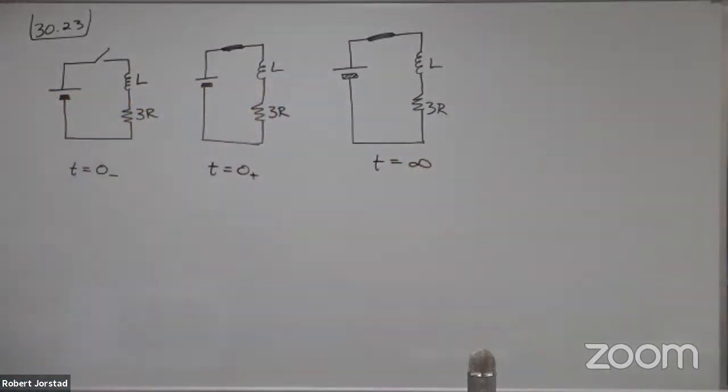Okay. There's only one thing we care about in the 0 minus picture. What is it? Current where? For the inductor, right? Now, in this case, do you agree current is 0? And do you agree current through the inductor is current in everything? All right, cool. So why do I care about that?